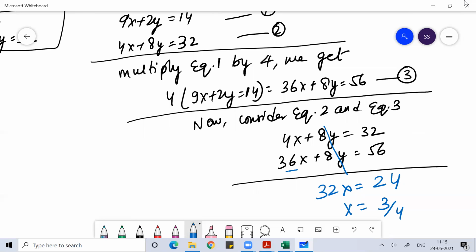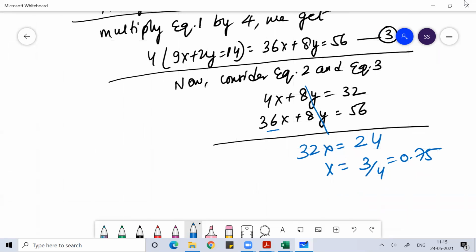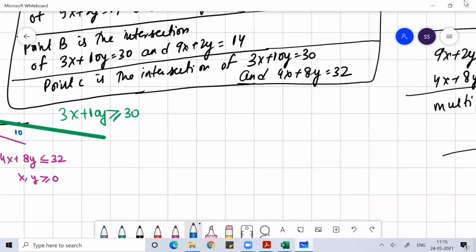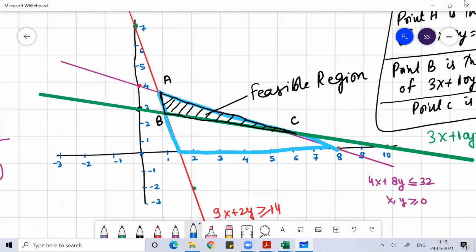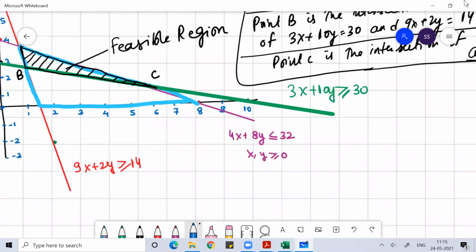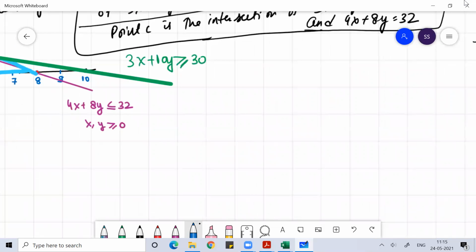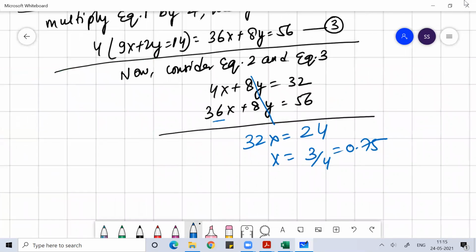That would be 3 by 4, which is 0.75. So the x value you get is 3 by 4 for point A.